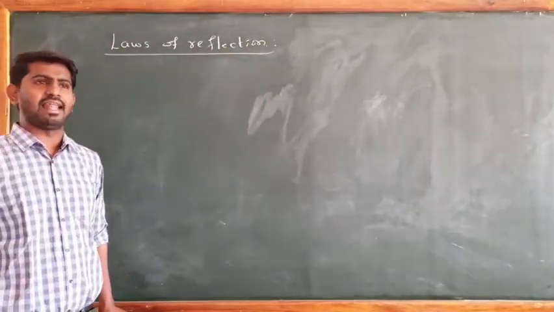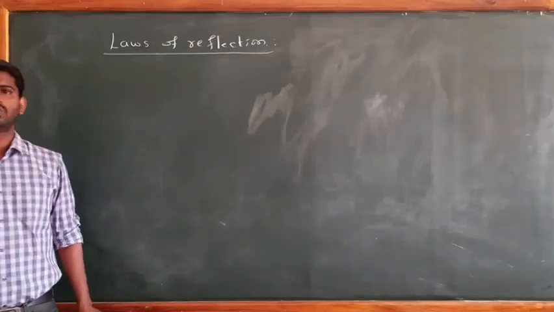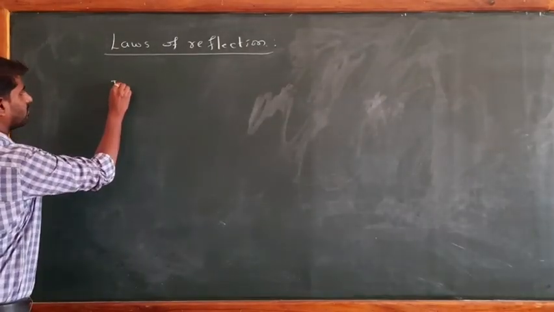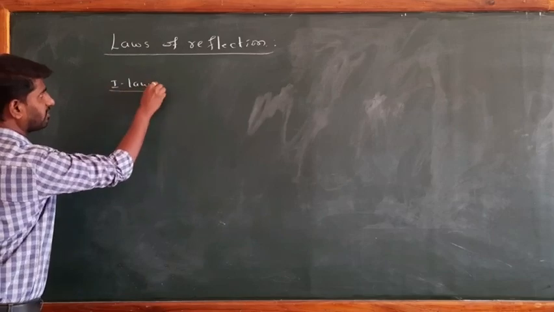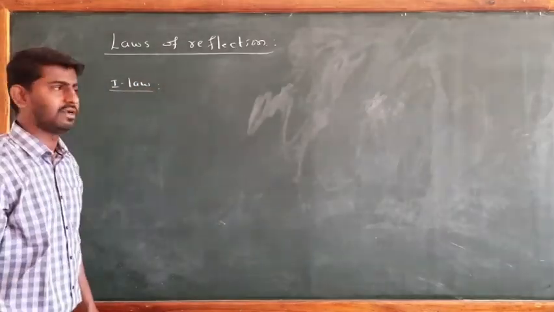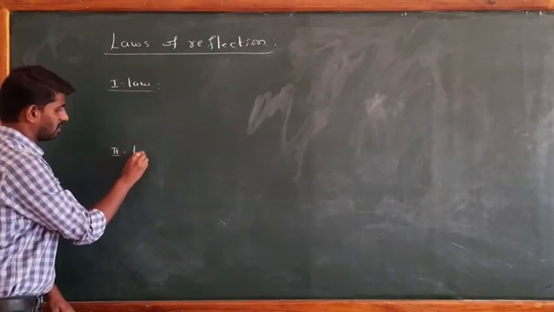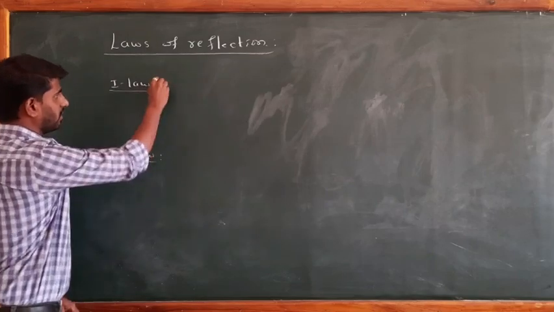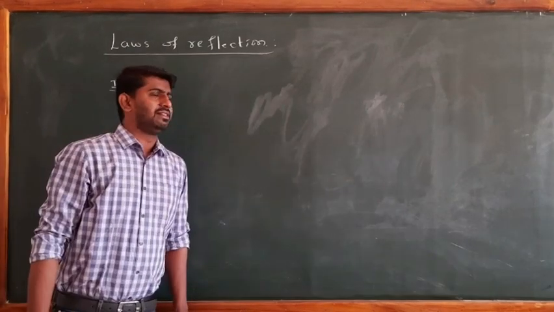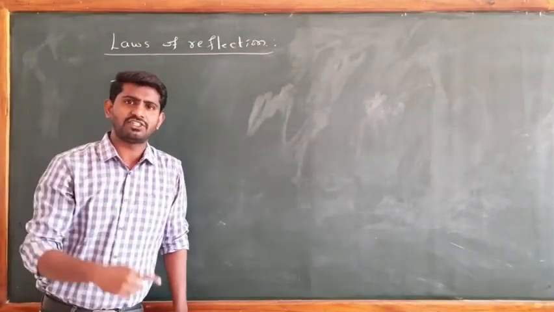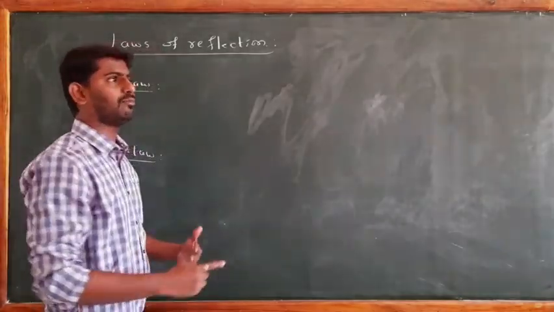Laws of reflection. There are two laws, or in some books they are written as rules of reflection. First law and second law. In the first law, the incident ray, reflected ray, and the normal drawn at the point of incidence.